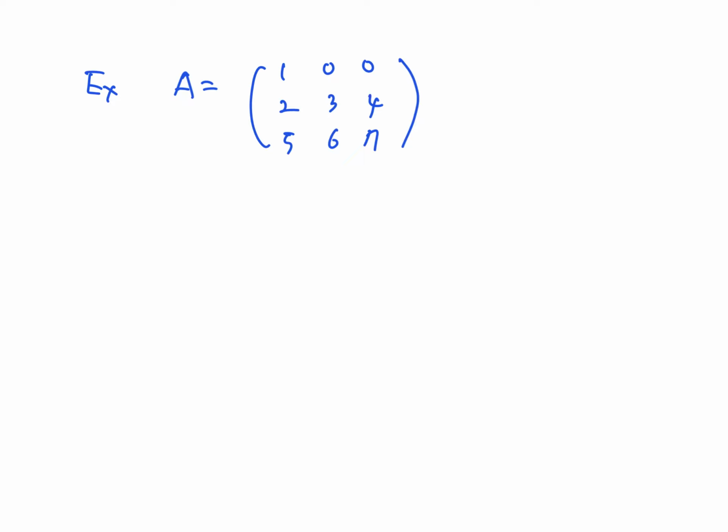In this case, the first row contains two zeros, right?